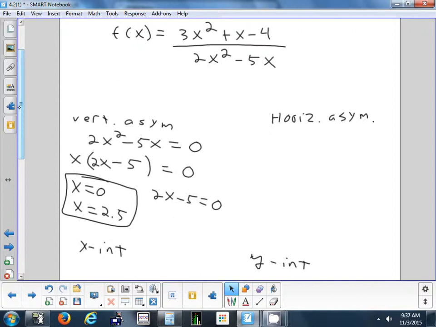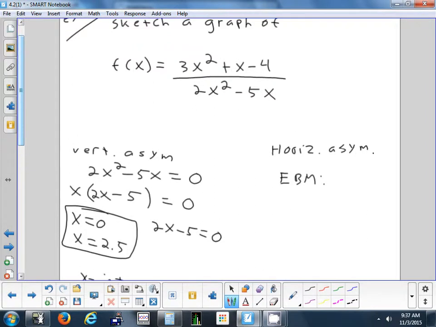All right, horizontal asymptotes. Okay, what do I use, the 3-letter abbreviation, to find the horizontal asymptote? Yep, EBM. Jamie, can you tell me the highest degree term in the top? 3x squared. Bottom? 2x squared. And what's it going to come out to when I reduce it? 3 over 2.